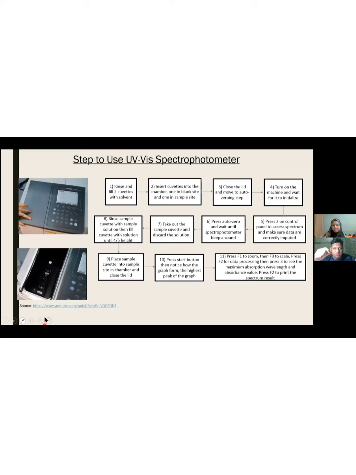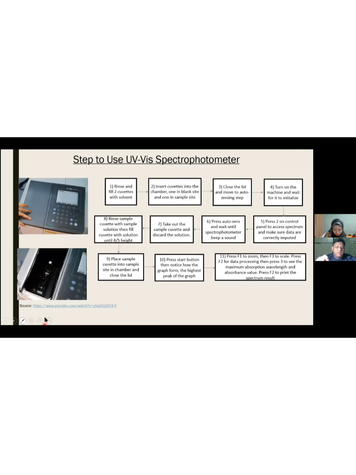We use the opaque side to hold the cuvette, and the transparent side we wipe using a clean wipe to make sure there are no fingerprints, grease or droplets on it, because the light in the UV spectrophotometer will pass through it, and we don't want the light rays to be diffracted.